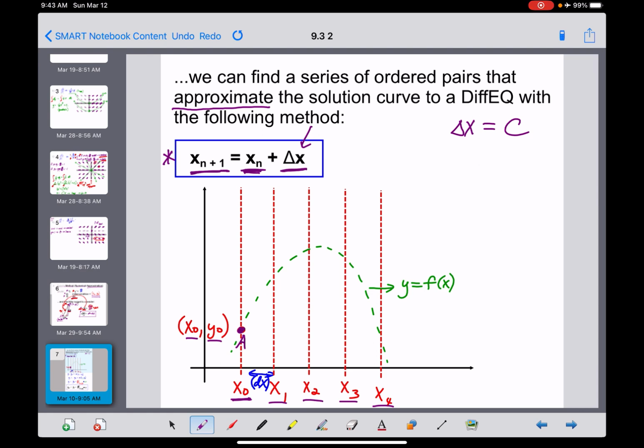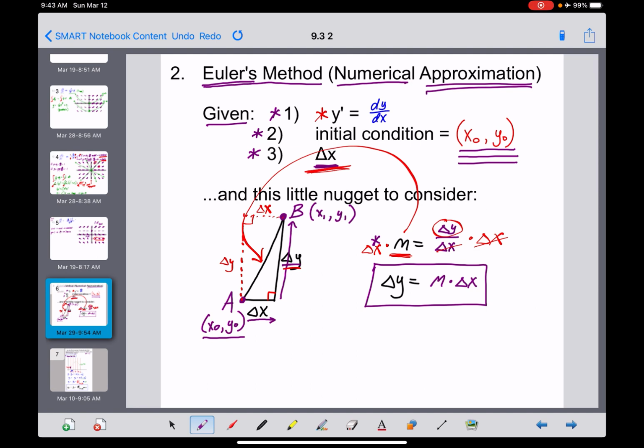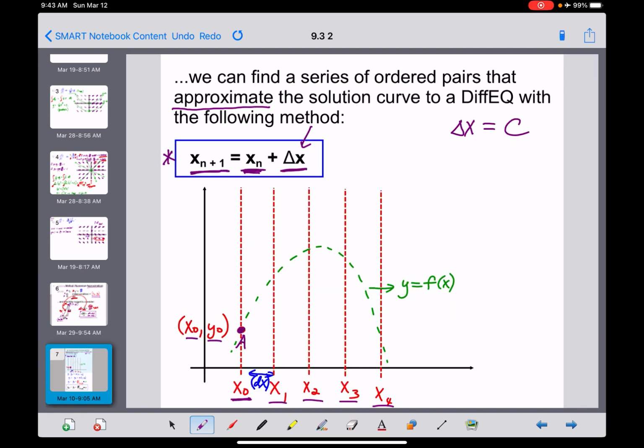So the method we're going to use to do that, everybody, builds upon what we wrote down just a second ago right here. That delta y can be found by taking the slope of your tangent line and multiplying that by your delta x value. So if we go to this graph over here, here's essentially what's happening now, guys.